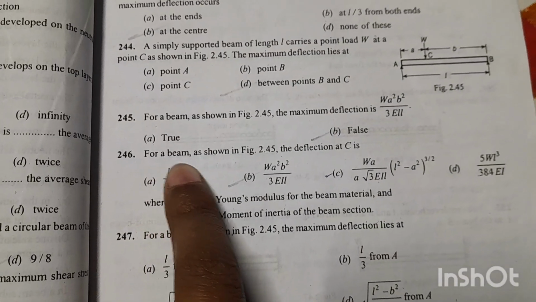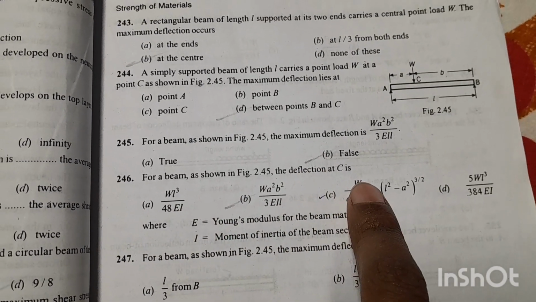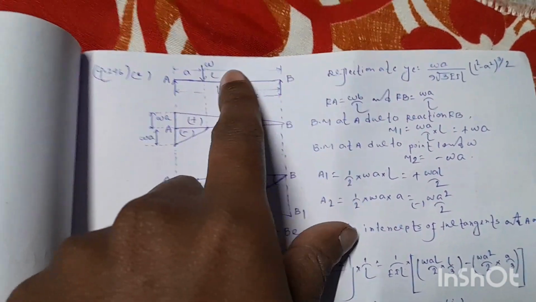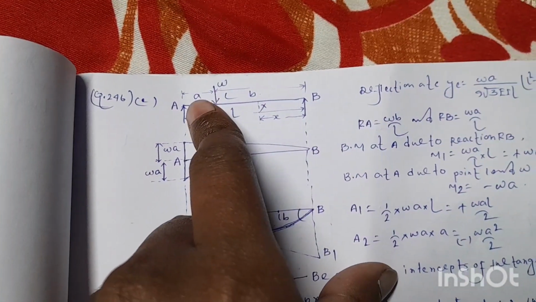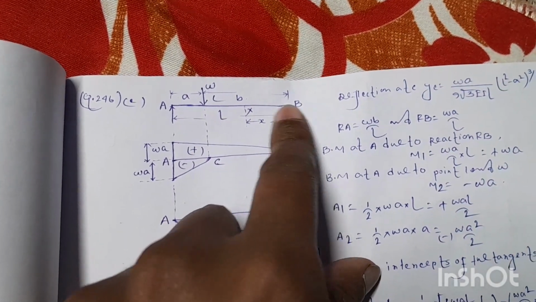Next question 246. For a beam as shown in the figure 2.45, the deflection at C is. So friends, in this simply supported beam, the point load acts at a distance small a from this end and at a distance small b from this end.